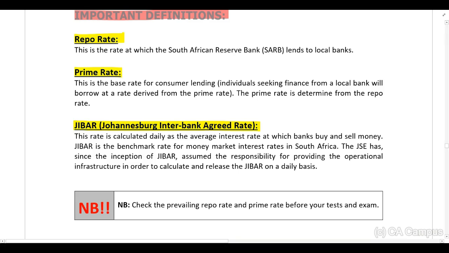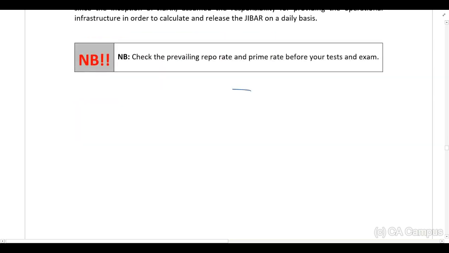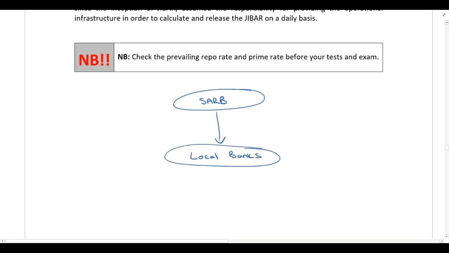The repo rate is the rate that the South African Reserve Bank lends to local banks. So we've got the South African Reserve Bank lending to local banks at the repo rate.